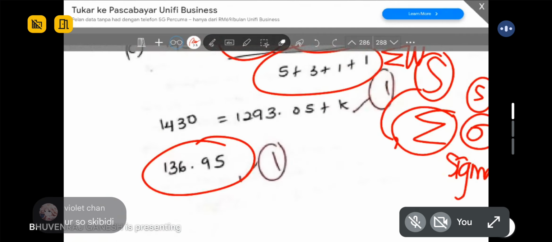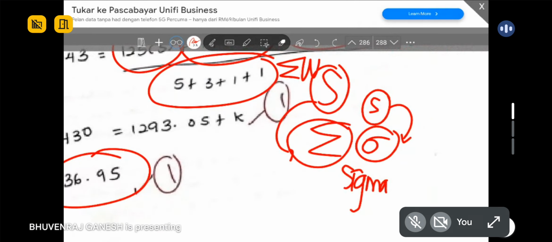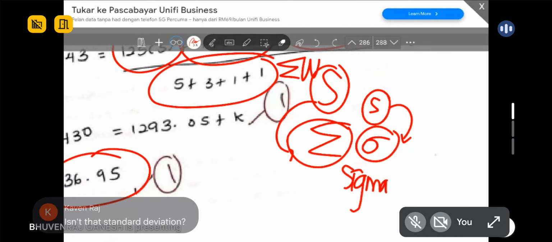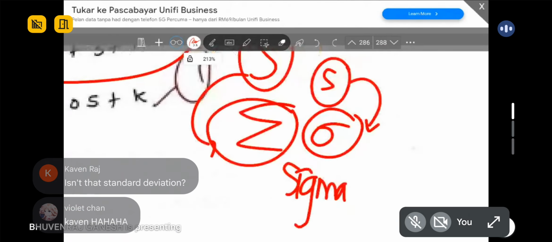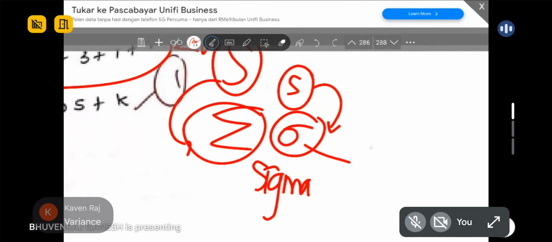You also speak skibidi. You're telling me, is it? Violet Chan, you're telling me skibidi? Really? Okay, nowadays generation. Yeah, the symbol is called standard deviation, but the name is sigma. This is for standard deviation, correct.